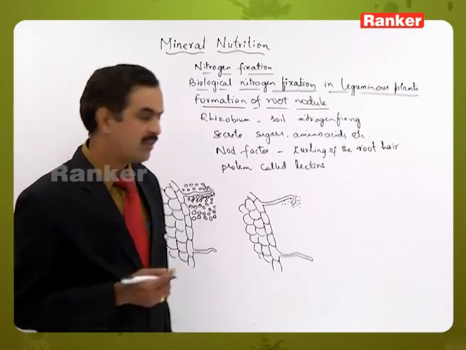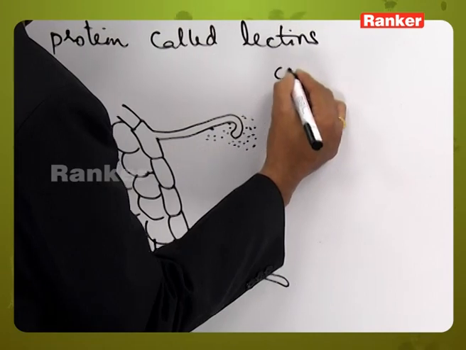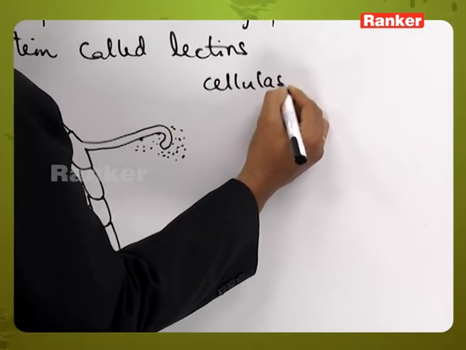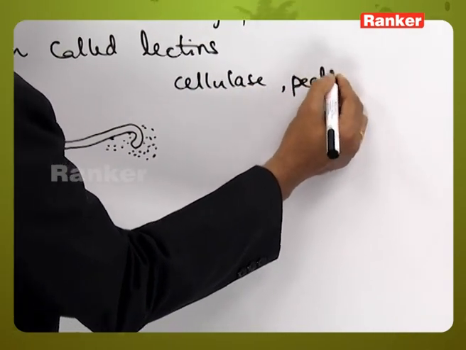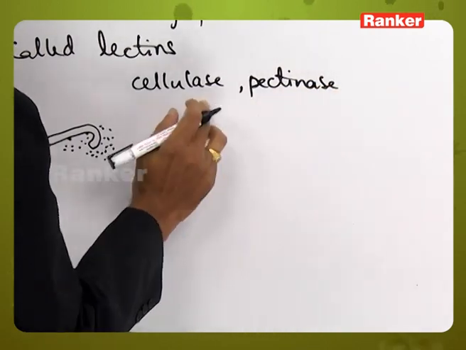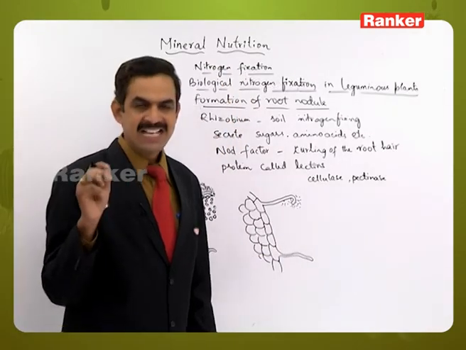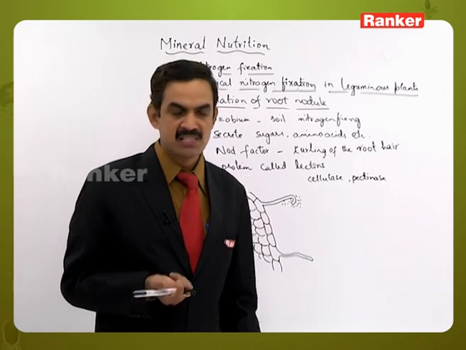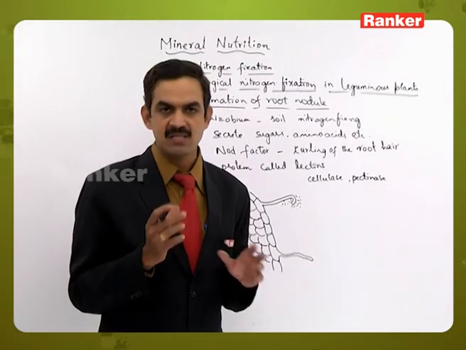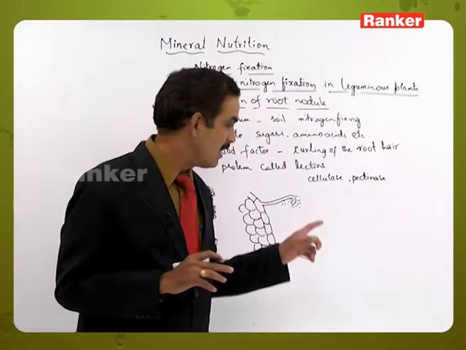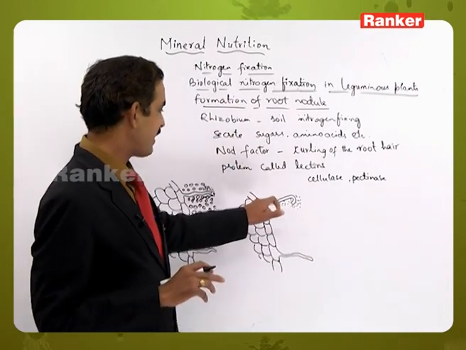They will secrete cellulase and pectinase. Cellulase will digest the cellulose present in the cell wall, and pectinase will digest the pectin present in the cell wall of the root hair. So this is secreted by the bacteria.